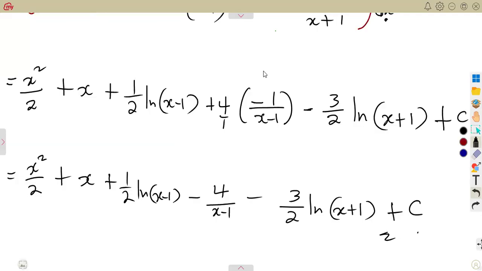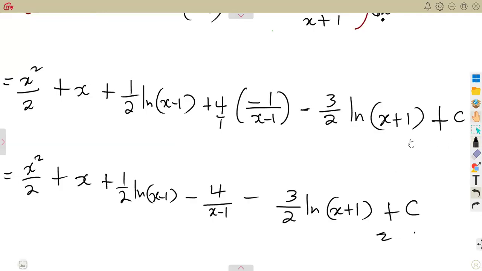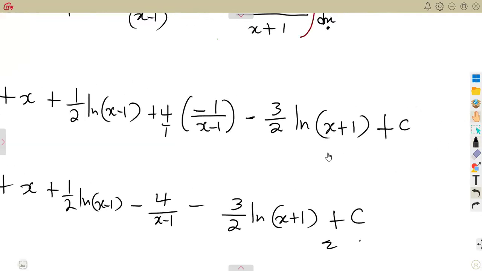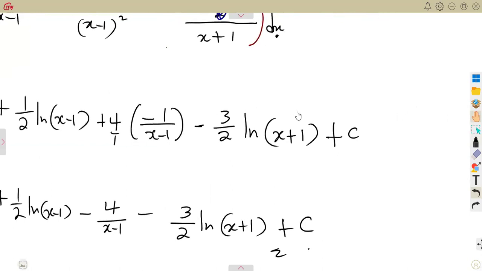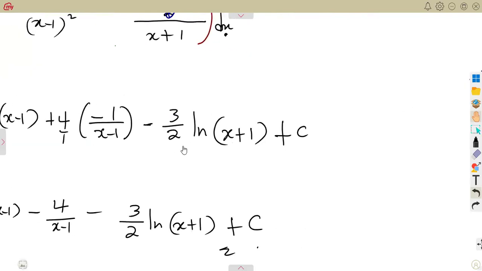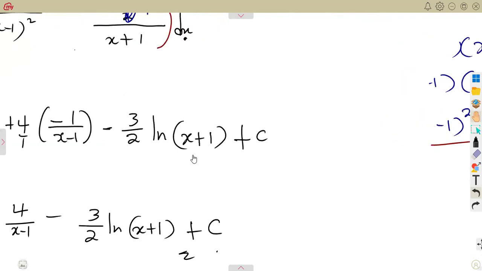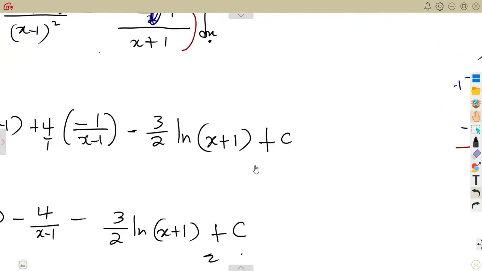All right, so there we just have to be very, very careful in the simplification that we are going to have in the later stage. So in this case, we have got everything that we have. All right, that is it.